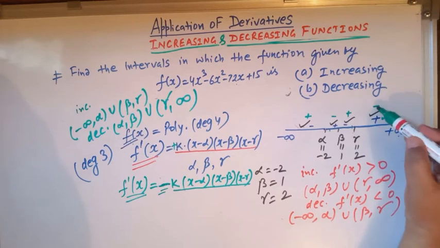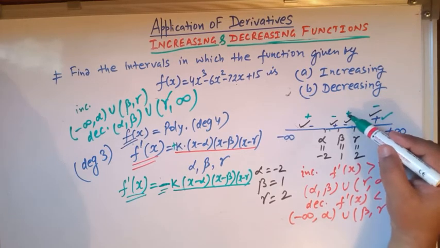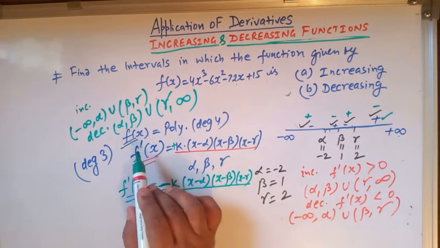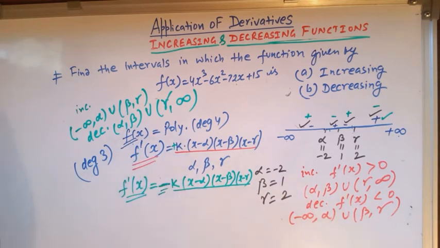Clear? So here we have minus, then alternately plus, minus, plus, and the interval will be reversed here. Clear? So let us do one more problem.